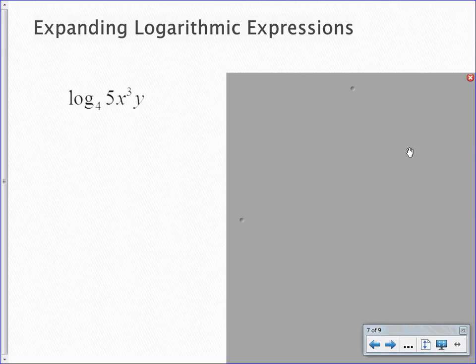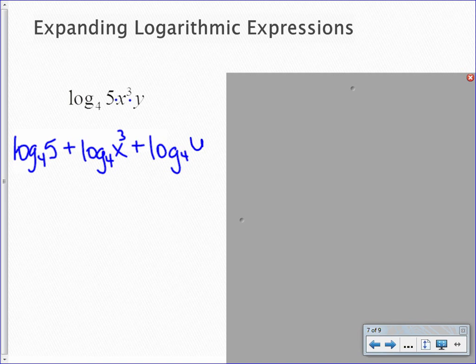First of all, 5, x cubed, and y are all being multiplied, so we can break this up into three different logarithms: log base 4 of 5 plus log base 4 of x cubed plus log base 4 of y. Is this completely expanded? No, we have this x cubed inside the logarithm, so that needs to be rewritten as 3 log base 4 of x.